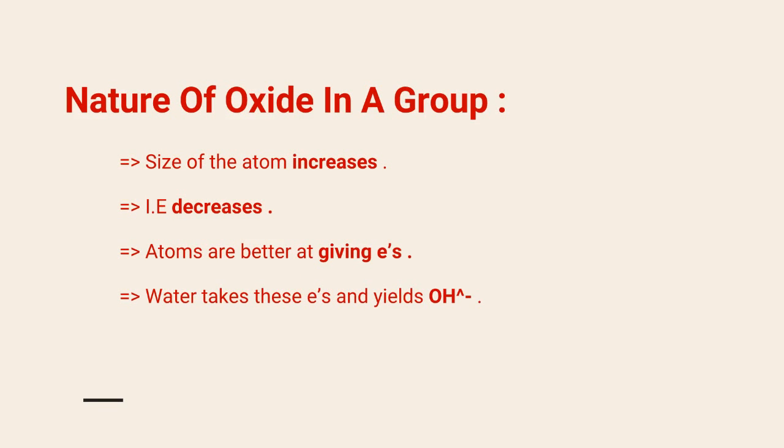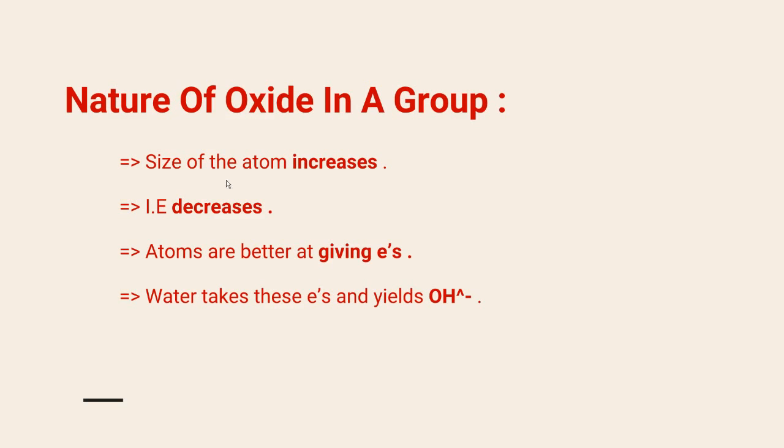Now students, the question is: the basic character of oxide increases down the group. Justify it. As we go down the group, the size of the atom increases. You know very well that the size of the atom increases because the number of shells increases as we go down the group. So as the size increases, the ionization energy decreases. Why?